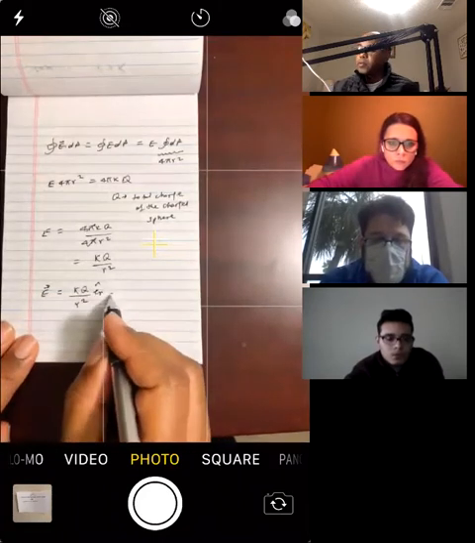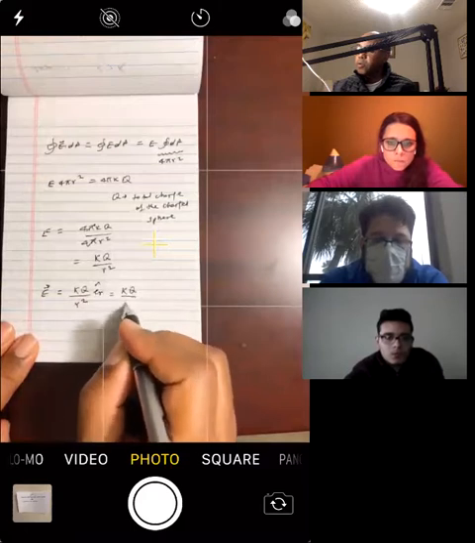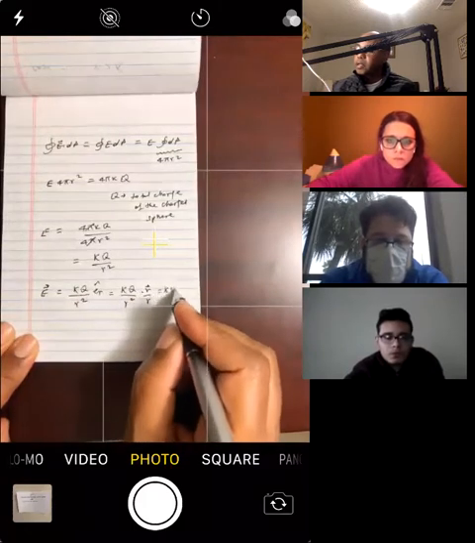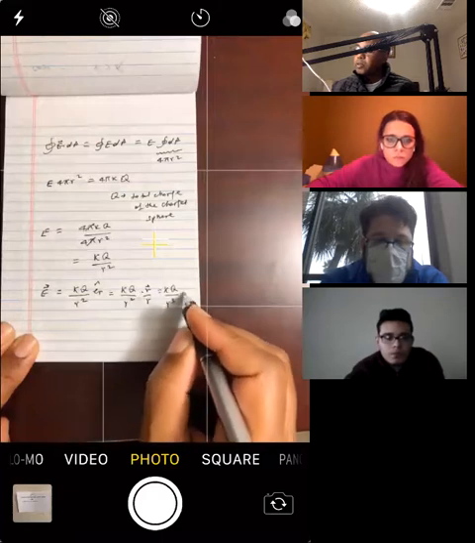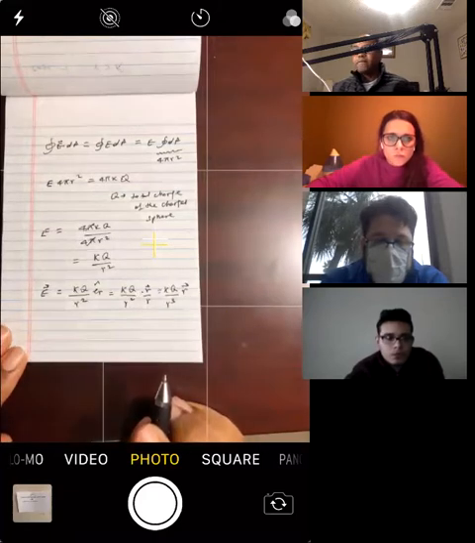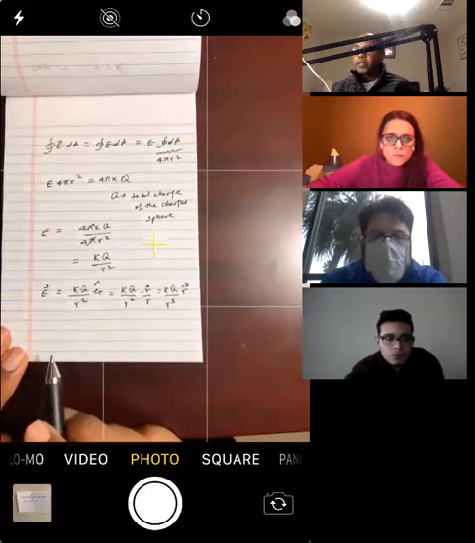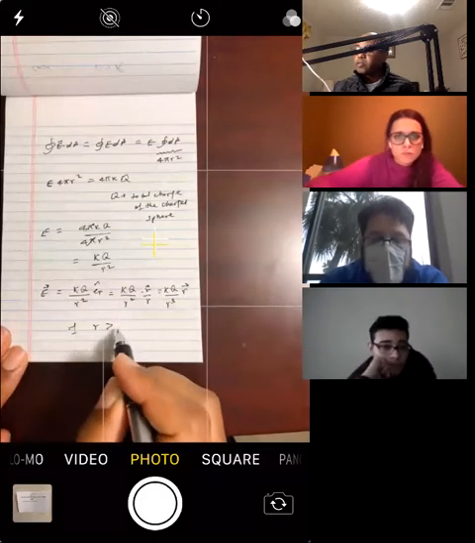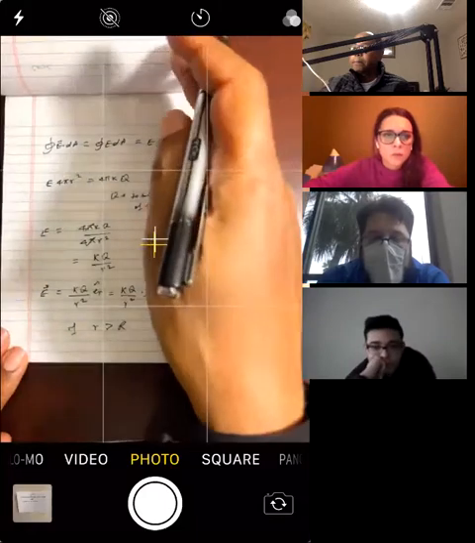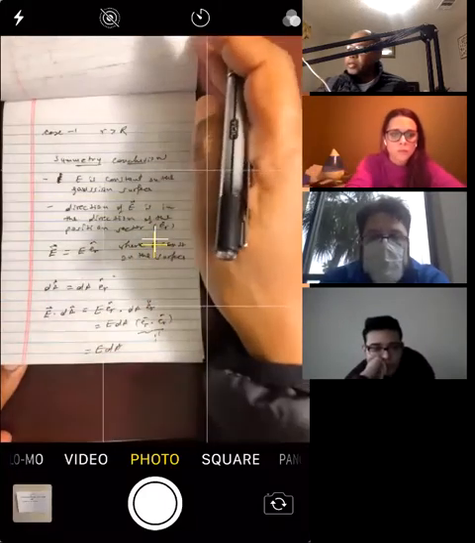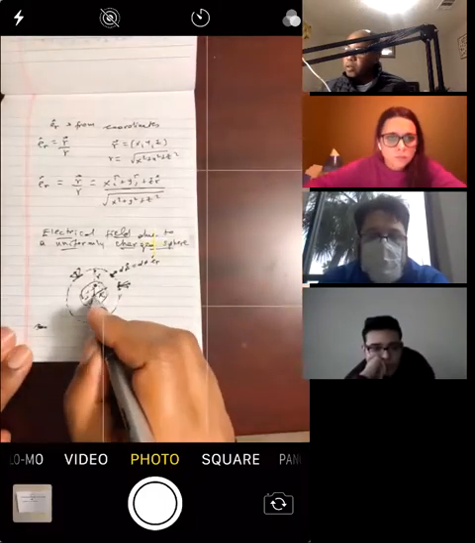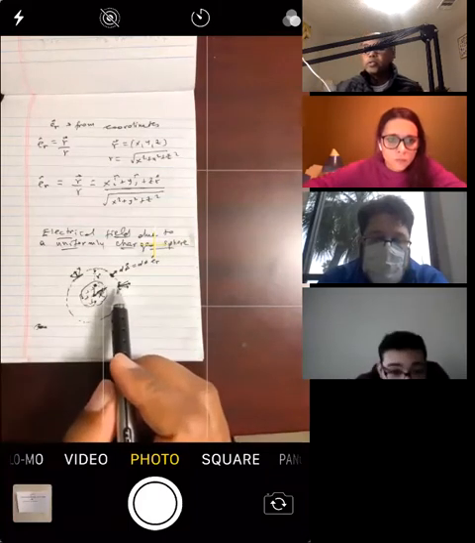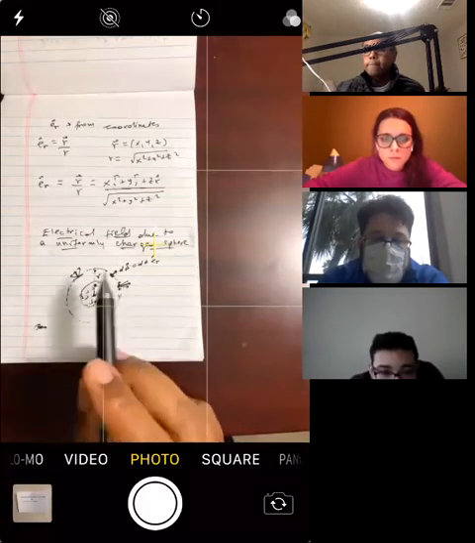Or you can say kQ over r cubed times the position vector. So we got a formula for the case where r is greater than the radius of the charged object. This formula applies only if the point is outside the sphere.